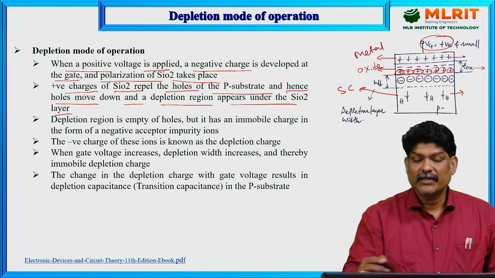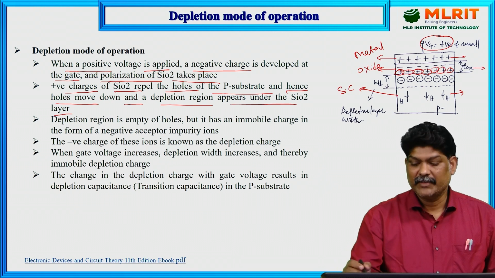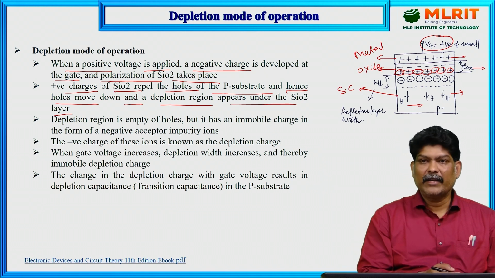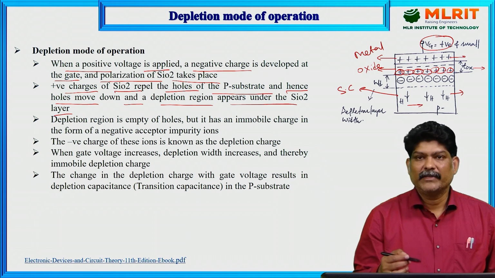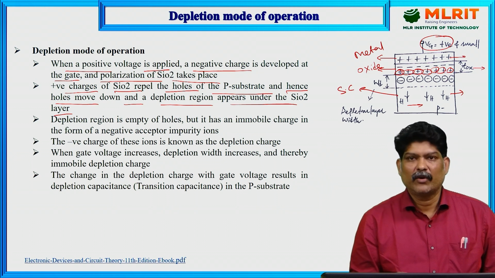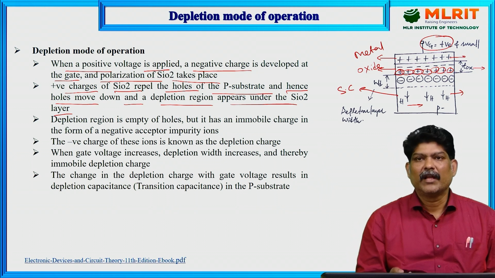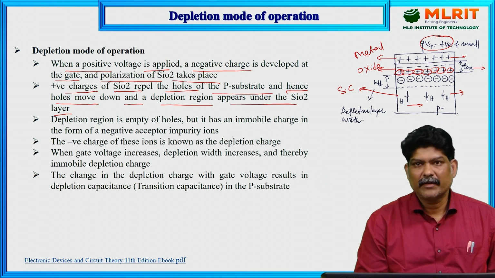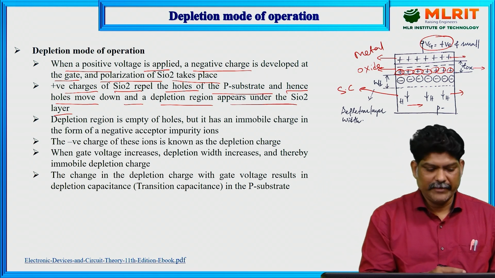These positive charges of SiO2 repel the positive holes in the P substrate. The lower layer is the P substrate. The majority charge carriers of the P layer are holes, which are positive, so they get repelled by the positive charges in the oxide layer.